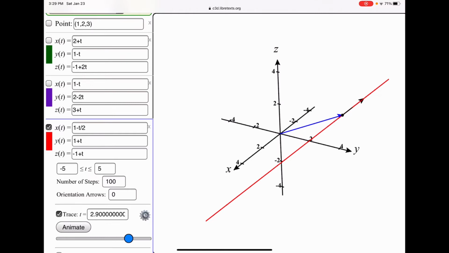And so you can see how for various t values, I get different points on the line. And I can go back the other way. For negative t values, I get different points on the line. So every t value is giving you an x, a y, and a z coordinate. And that's how we're defining the line. So this is a parametric equation for the line.